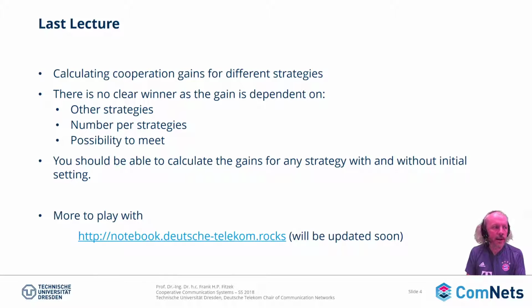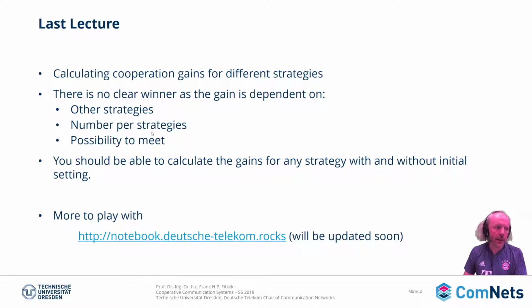It always depends on the number of devices that played a certain strategy, and the possibility that the game will even be played, so the possibility to meet. But what we learned is that the best strategy you can have is tit for tat if you have certain two-on-two games going on.